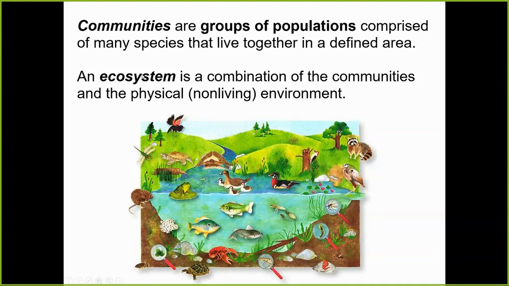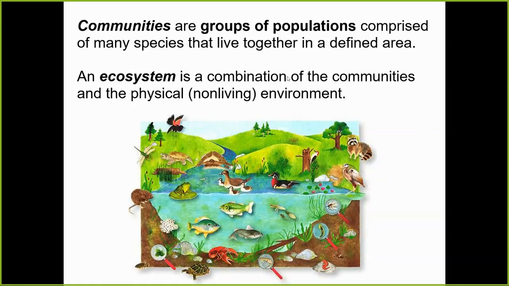If I want to look at things in terms of an ecosystem, there's another word: ecosystem. The ecosystem is a bunch of communities and the physical non-living parts of the environment.